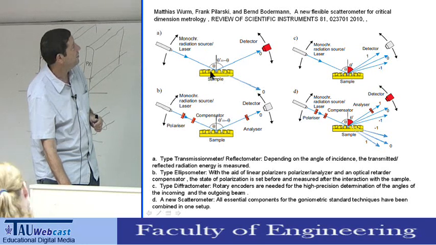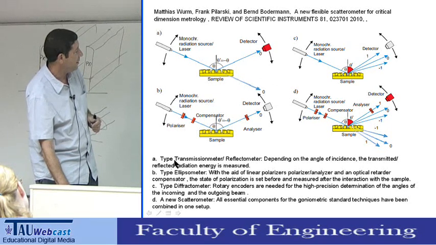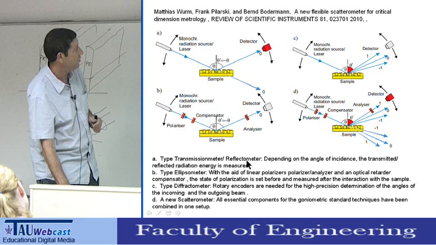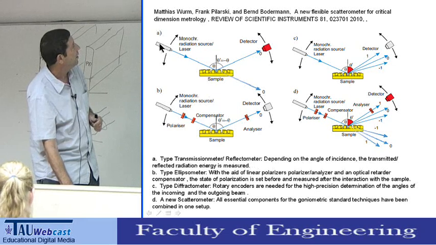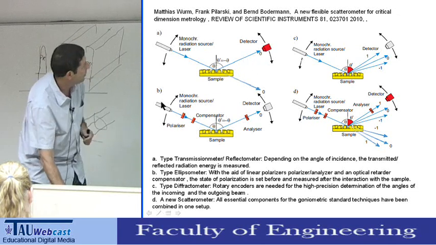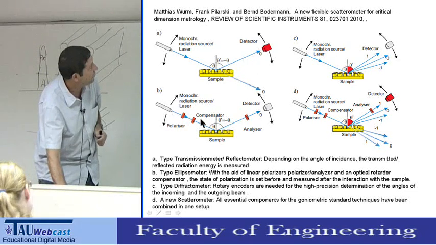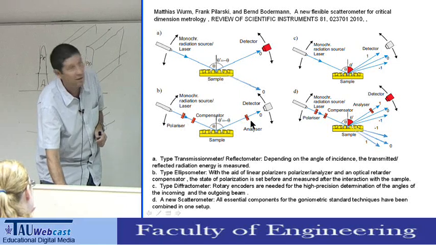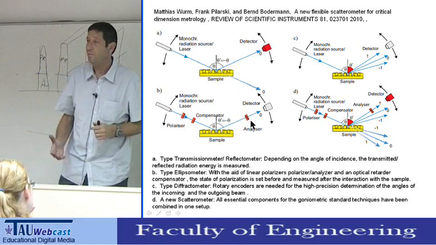This is simple scatterometry. If you look at the number, this is the reflectometer, light hitting the substrate, and we get just reflection. Another option, this is B. B is that instead of measuring the light intensity, we measure the polarization.